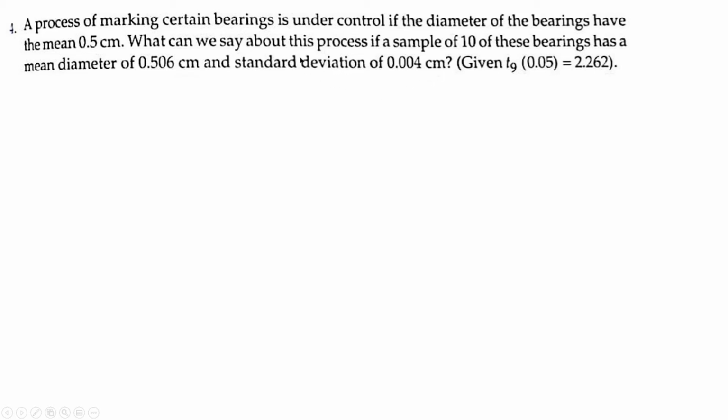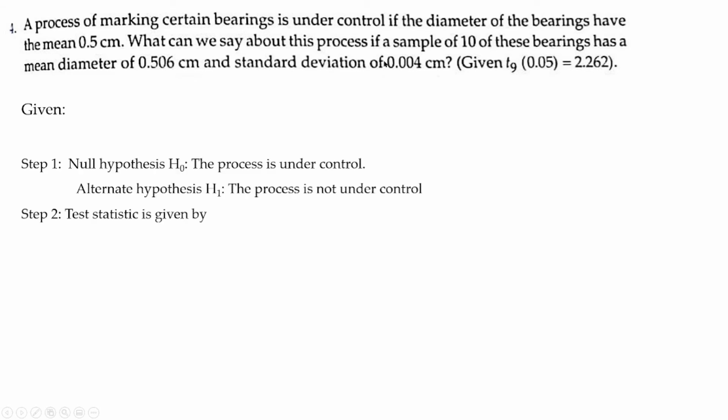We have to check whether this process is under control or not. So first let us write what is given. Given the population mean is 0.5 centimeter, then the sample size is 10. The sample mean is 0.506 centimeter and the sample standard deviation is 0.004 centimeter.